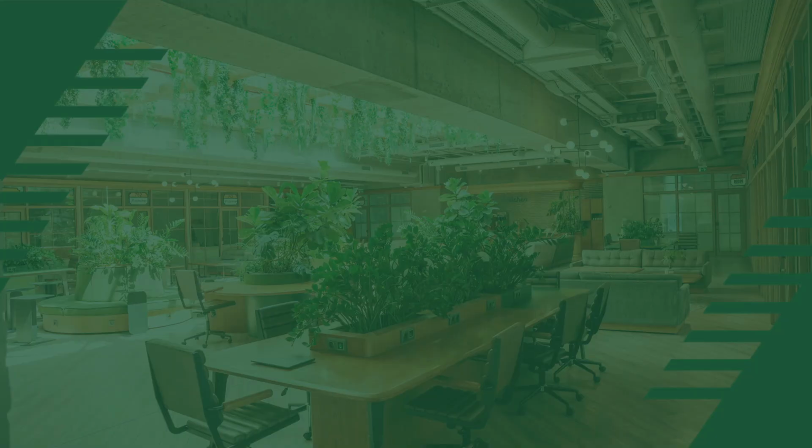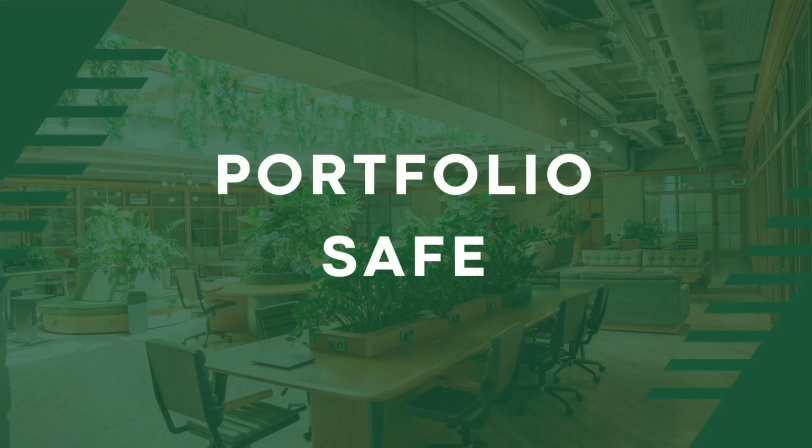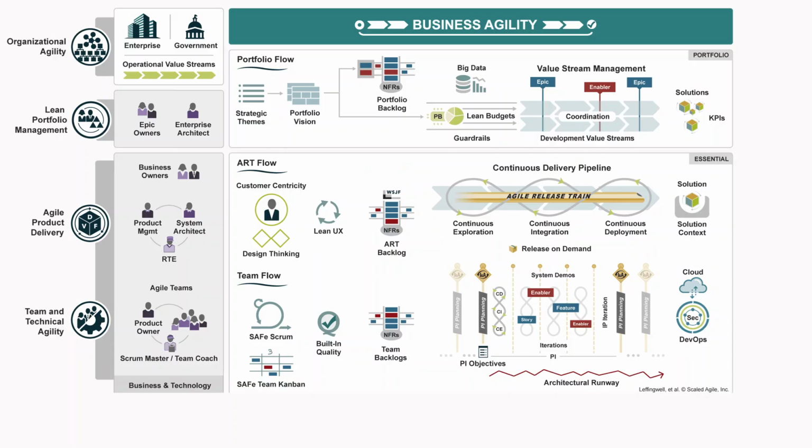So let's see now the Portfolio SAFe. A new level here is the portfolio level, that contains the Lean Portfolio Management competency and the Organizational Agility competency and new roles.